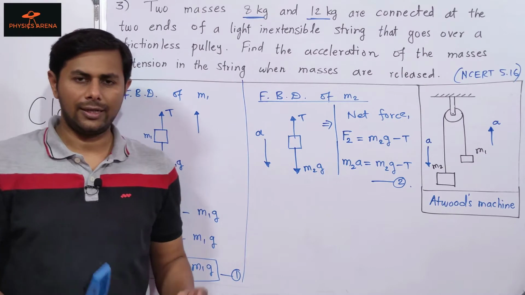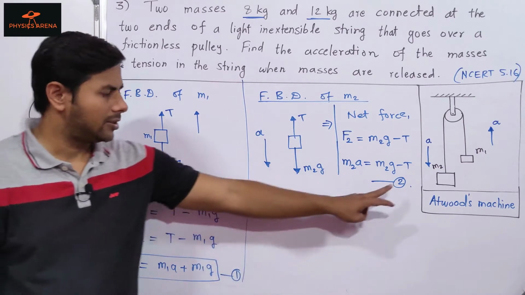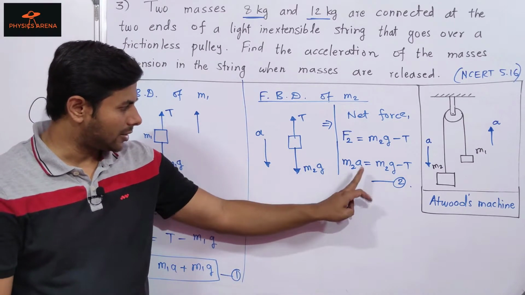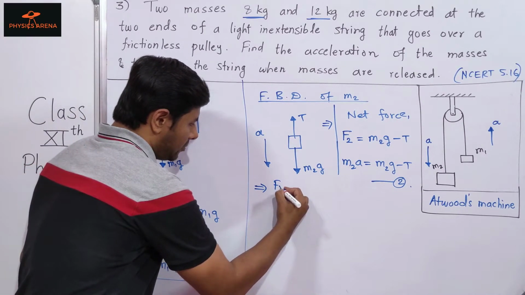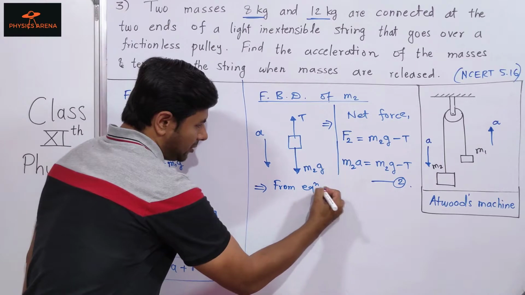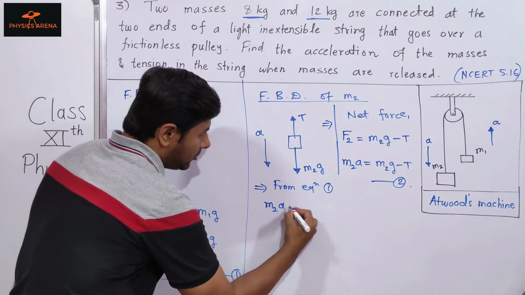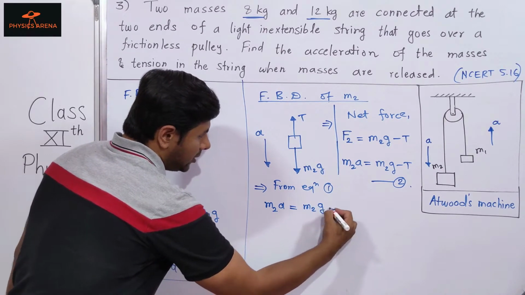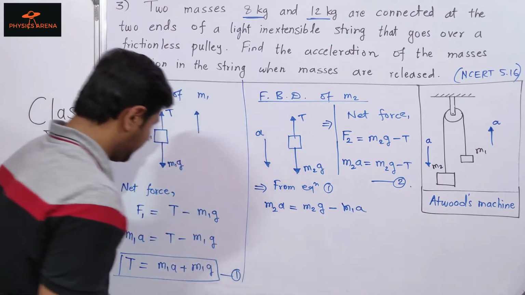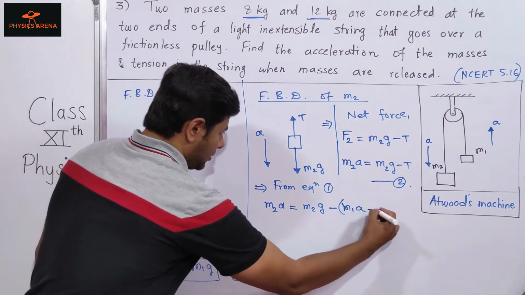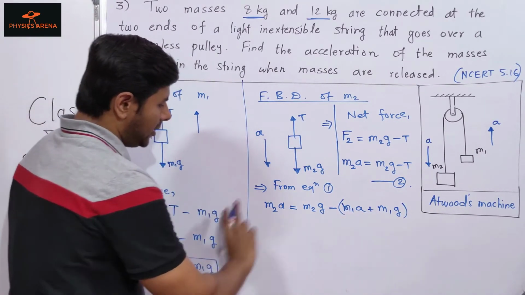Then I can substitute the tension in the string from equation number 1 into equation number 2 to find the acceleration. So let's do that. From equation 1, m2 times A is equal to m2 times g minus (m1 times A plus m1 times g). So I can take m1 times A to the other side.